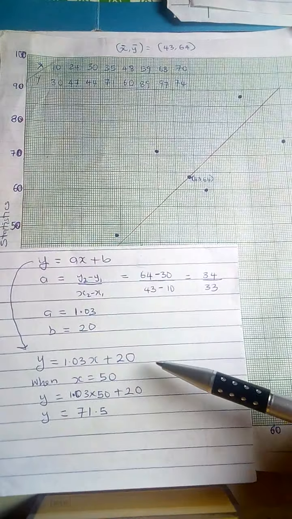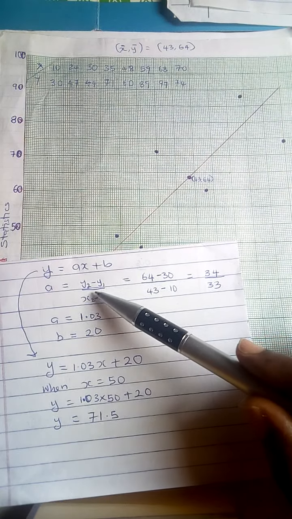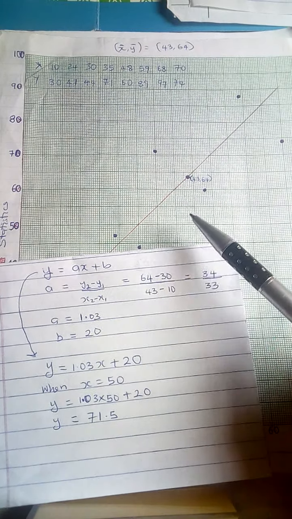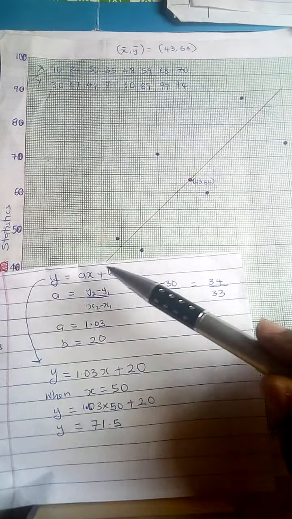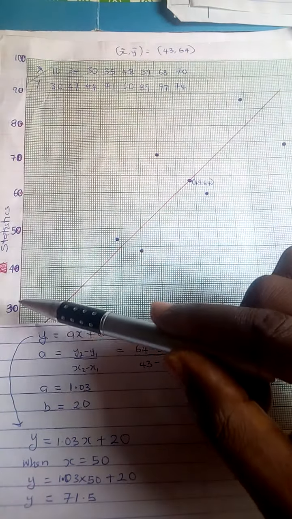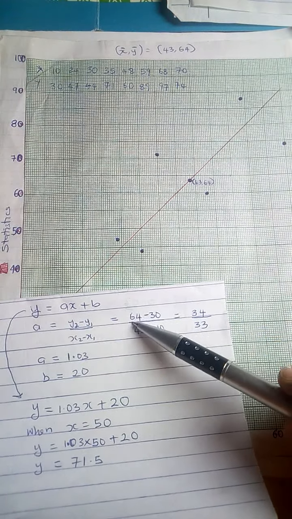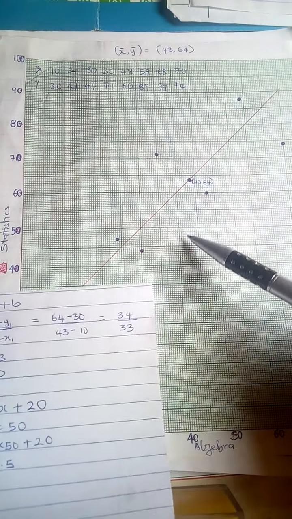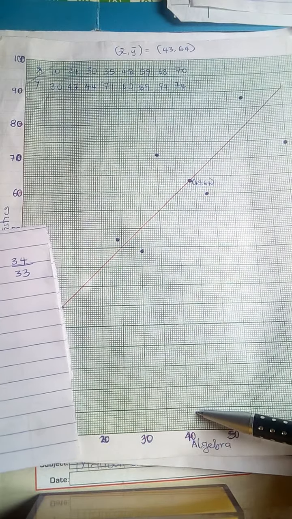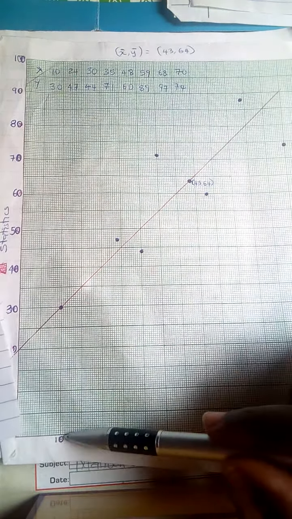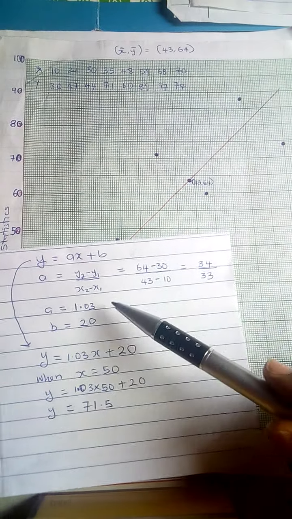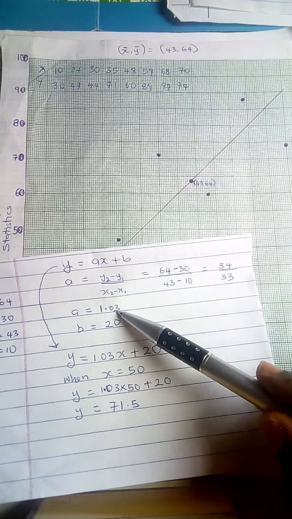So that is how I got Y2, Y1, X2, X1. Look at them, 64 and 30, and that of X is 43 and 10. If you calculate this, you have your A to be 1.03.